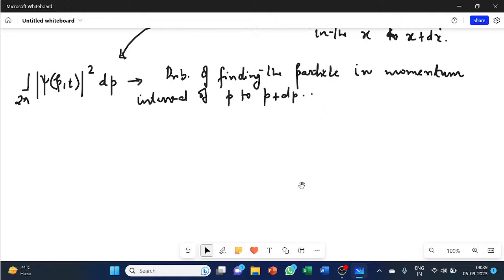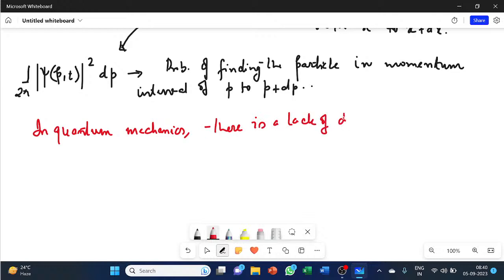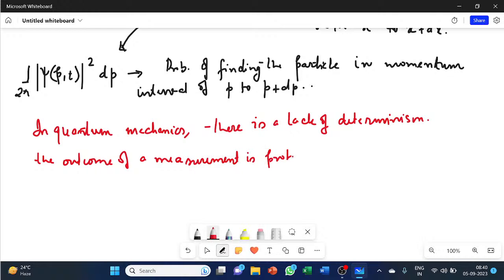As I told you, in quantum mechanics there is a lack of determinism, and the outcome of a measurement is probability driven.